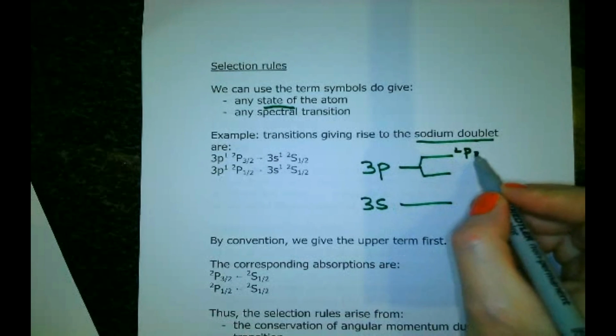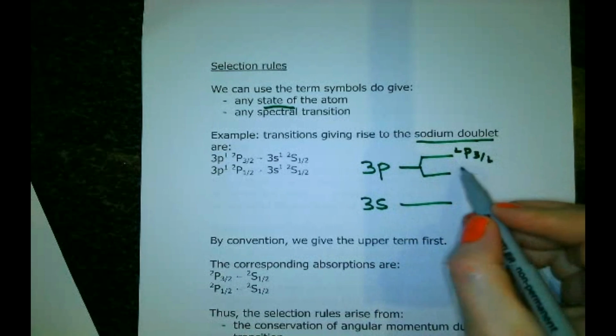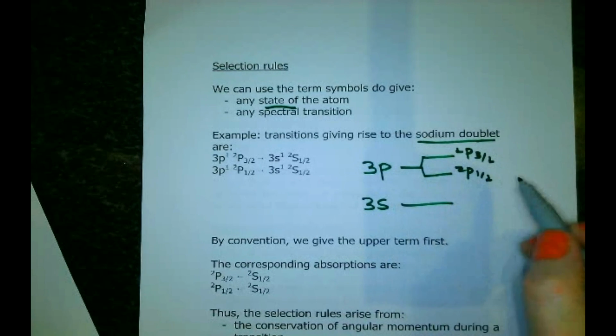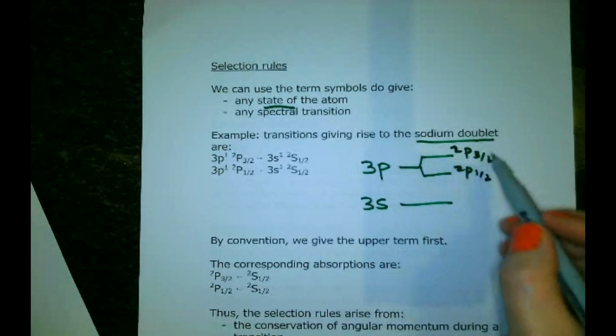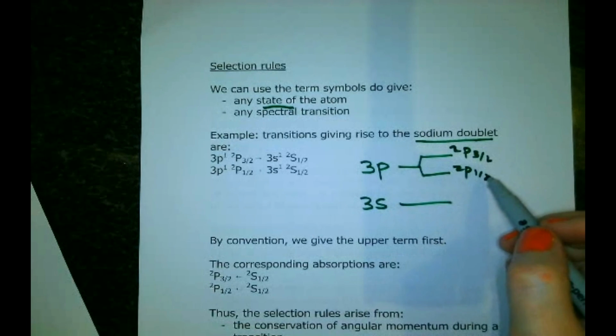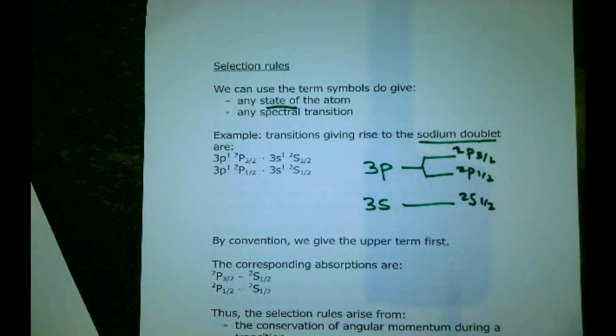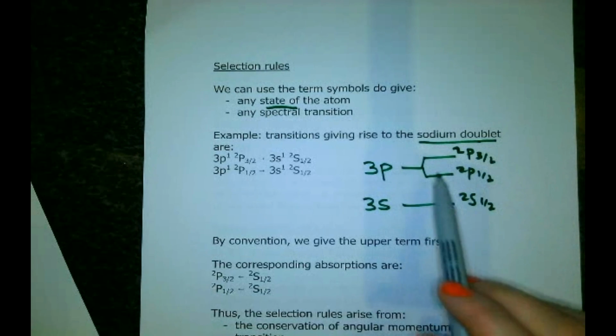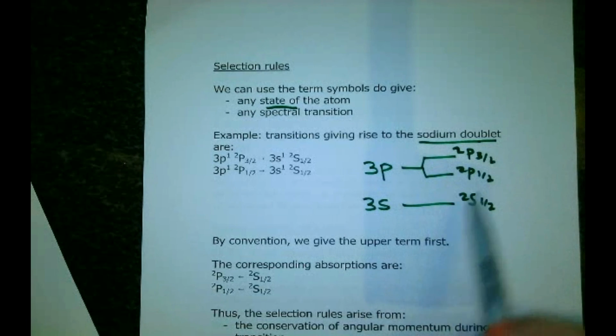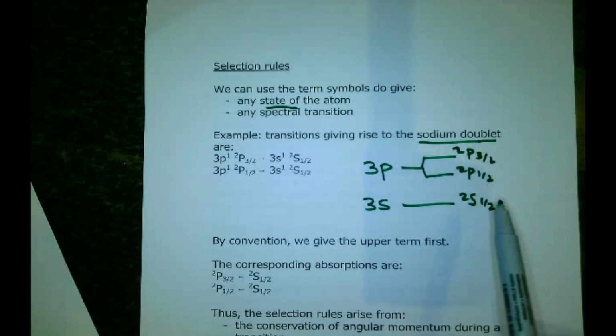If you determine the term symbols for those two orbitals, and I want you to go and check if you agree with that, you can now define the transitions in the sodium doublet using these term symbols.